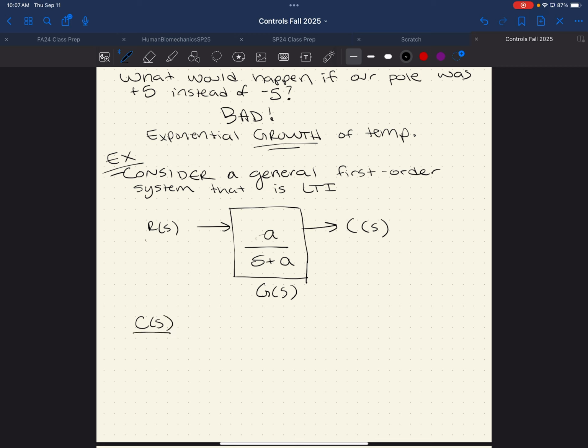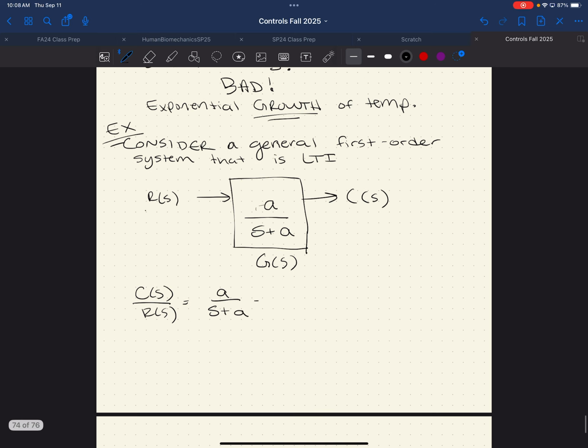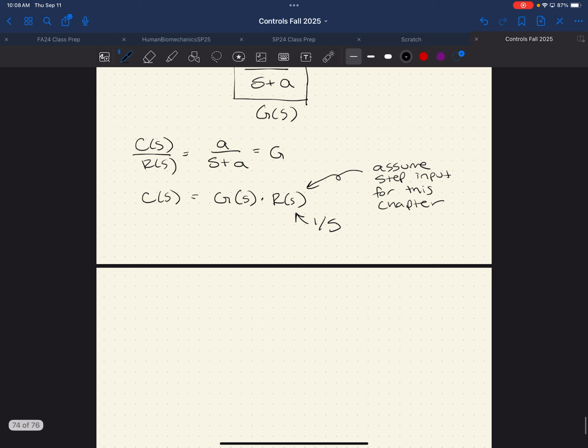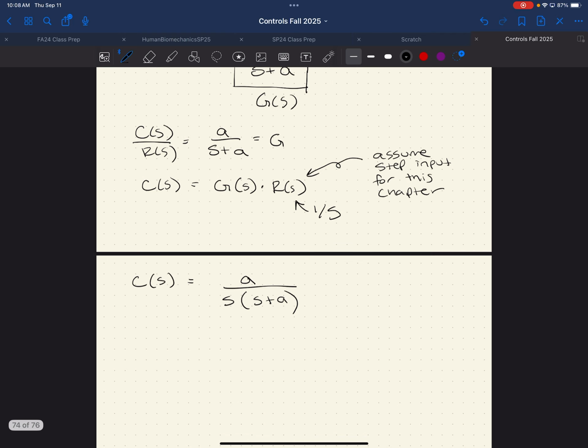So C of S over R of S equals A over S plus A, equals G. So C of S is equal to G times R. And again, for this chapter, we always assume step input, which means that this has got to be 1 over S. So if we multiply that out, we should have A over S, S plus A, which means our time series response is 1 minus e to the minus a t.